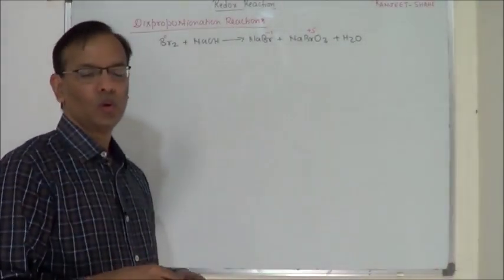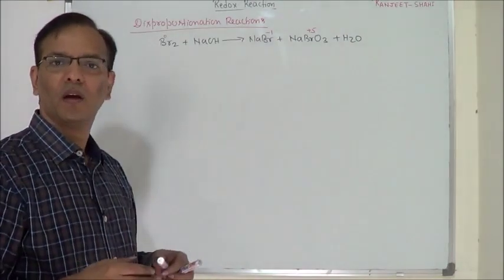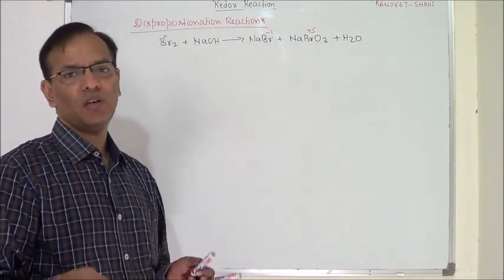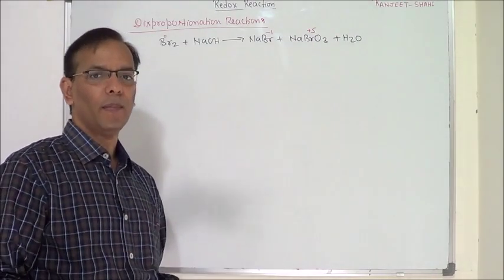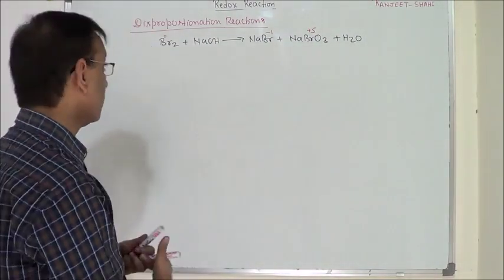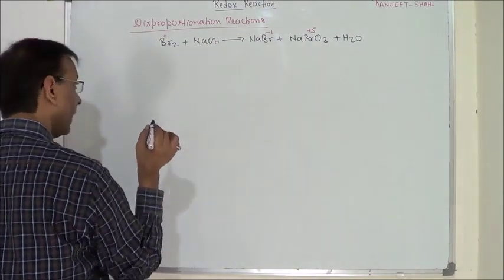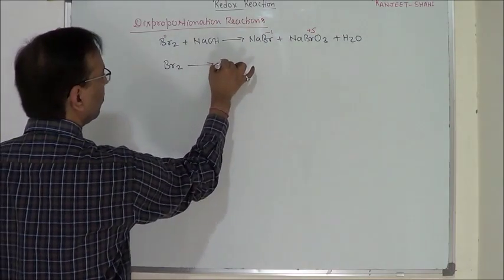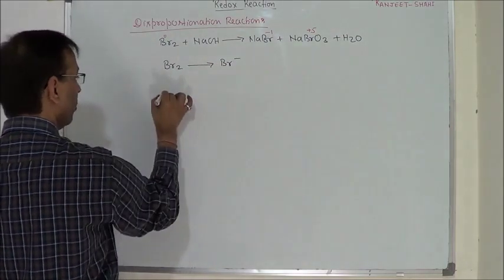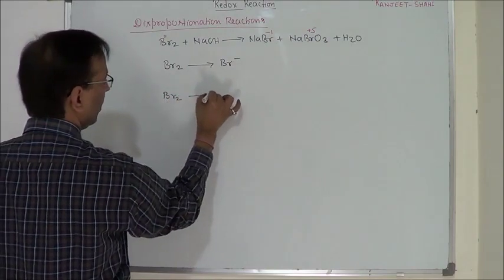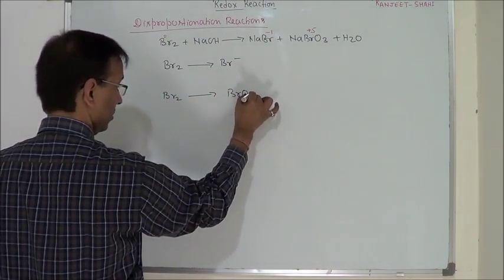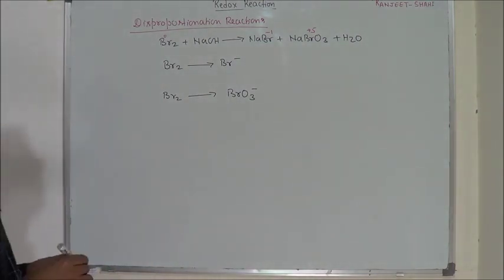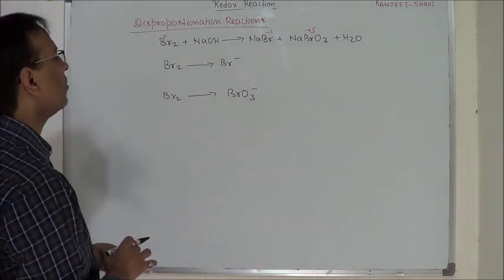So what we do, we write the two half reactions in which the reactants are the same, identical. So we'll write bromine giving bromide, bromine giving bromate. Next, balance the element other than hydrogen and oxygen.